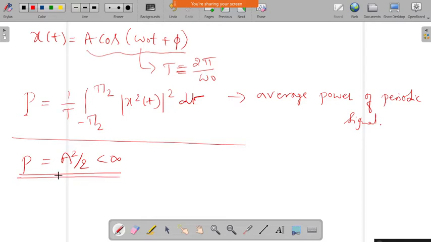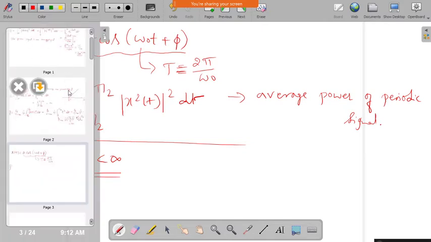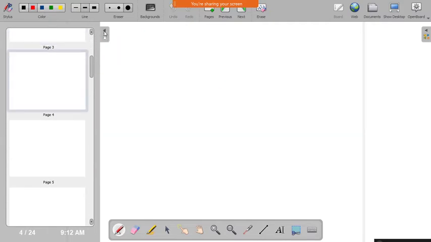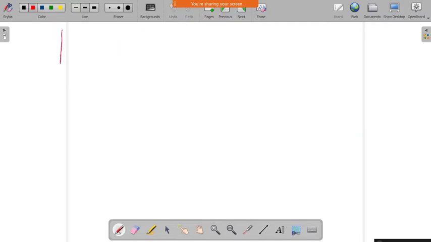Okay, so this is how we find the power. This is another important problem, the next one, which is from an exam. The signal x of t is given like this.